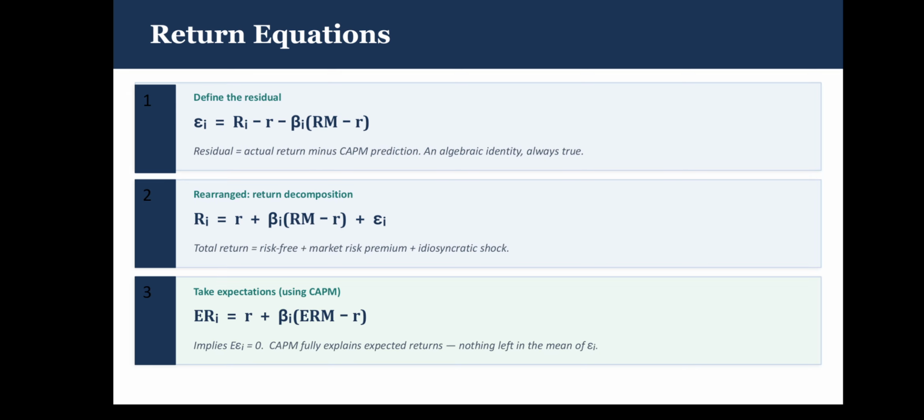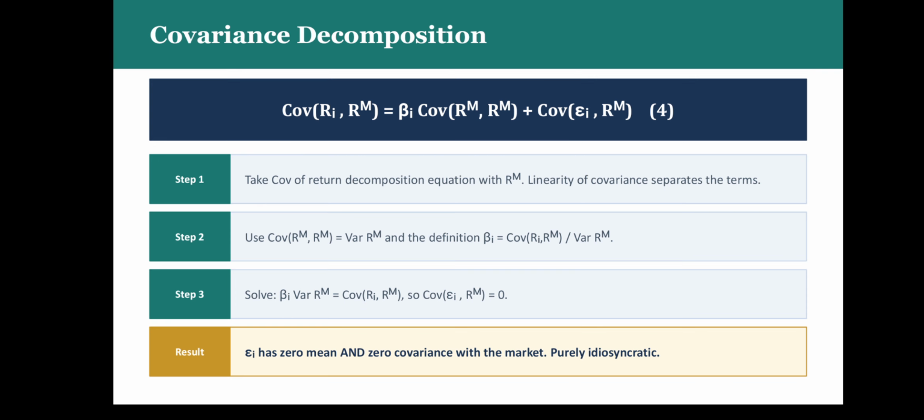The second key property of epsilon comes from equation 4. Take the covariance of both sides of equation 2 with the market return Rm. Covariance is linear, and Rf and beta i are constants, so only the random parts contribute. We get the covariance of Ri with Rm equals beta i times the covariance of Rm with Rm plus the covariance of epsilon i with Rm.